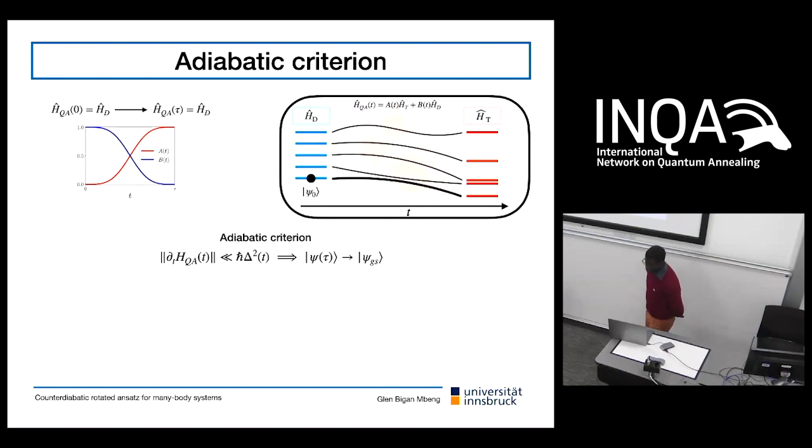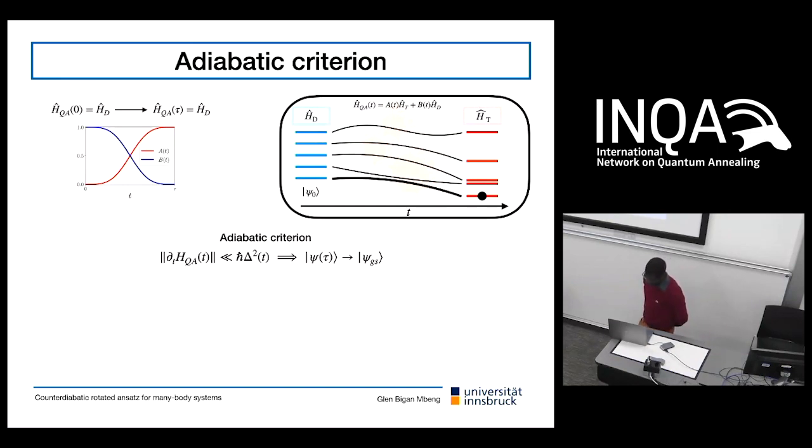The usual way to choose the schedule is based on the adiabatic criterion. In this case the system is interpolated slowly between the initial and the final Hamiltonian, and the adiabatic criterion assures that if we move sufficiently slowly, the system will remain in its ground state.